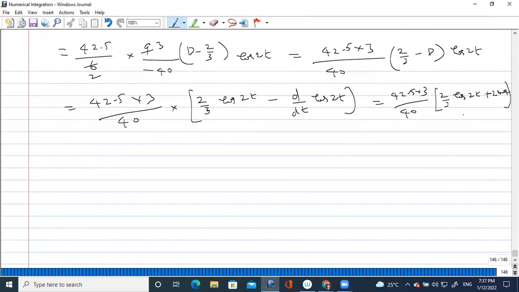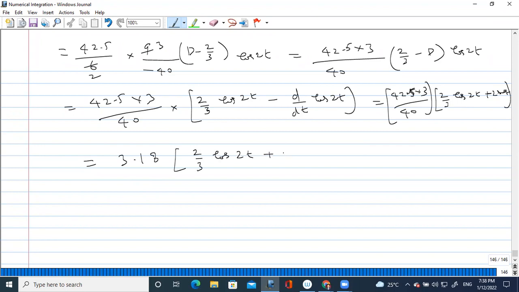So here 3 also. What is this answer? Can anybody check with calculator? What is this value? 3.18 into 2 by 3 cos 2t.